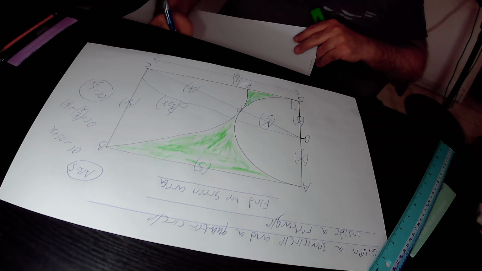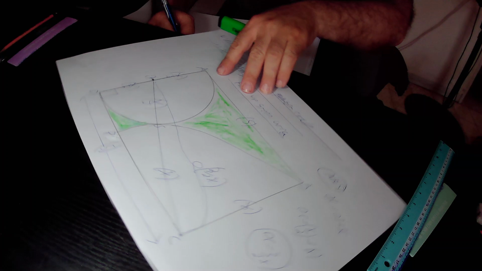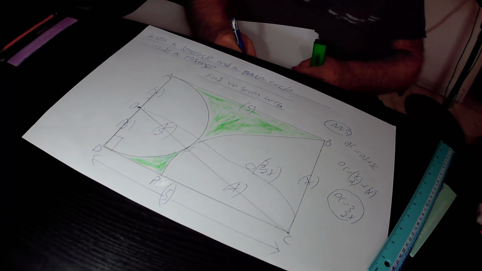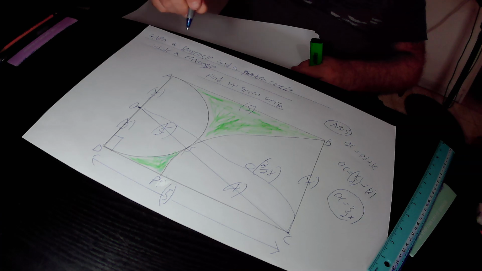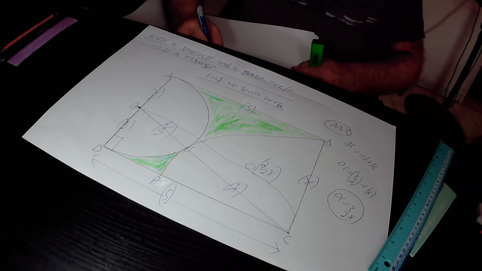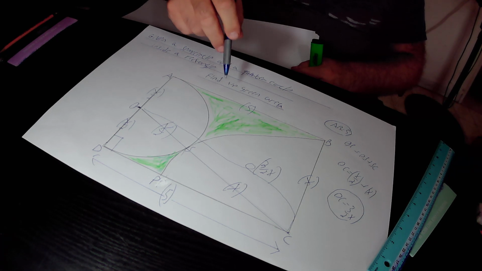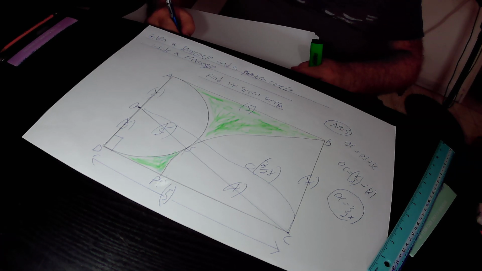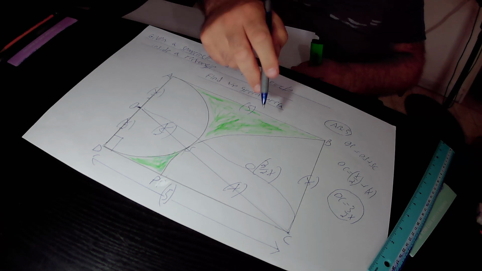From the diagram, it is very easy to see that the area of the green shape in total will be equal to the area of rectangle ABCD minus the area of this semicircle minus the area of this quarter circle.